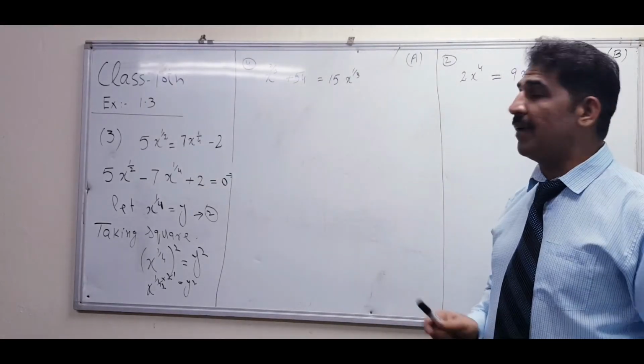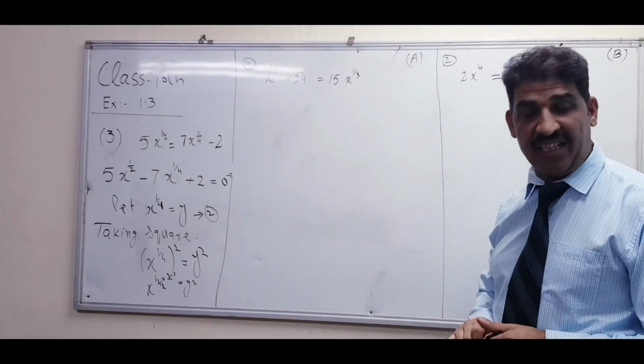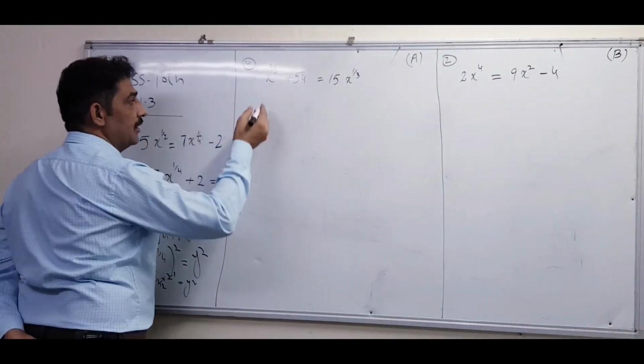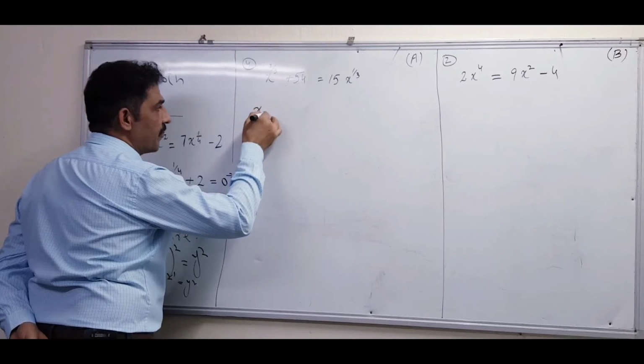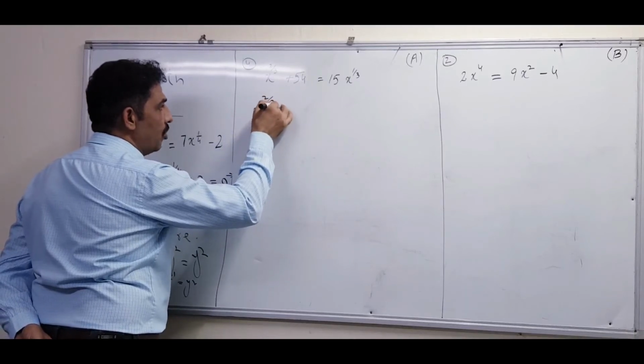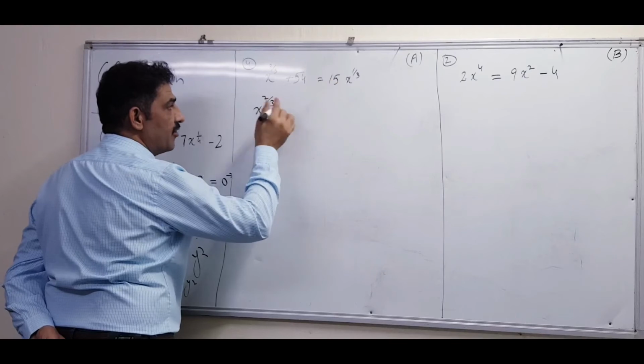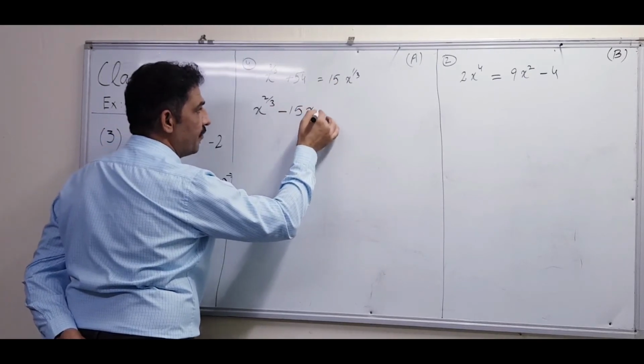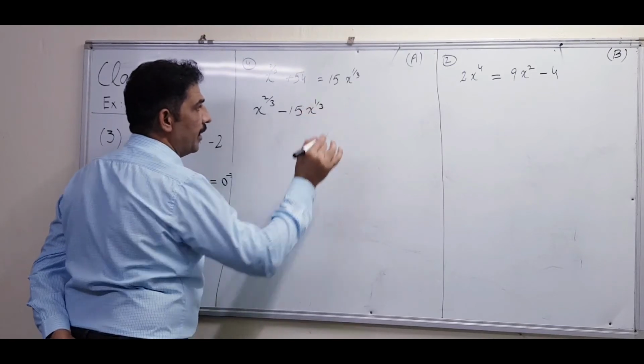So the first step, as I told you, you have to rearrange. First, you have to write the highest power first, x raised power 2 over 3, shifting this term on this side. So what will become? Minus 15 x exponent 1 over 3.